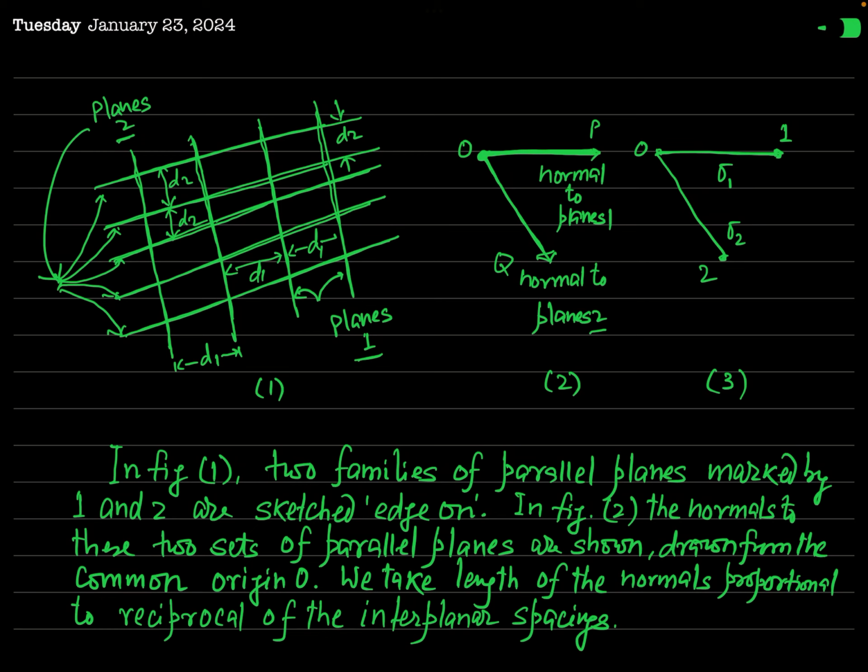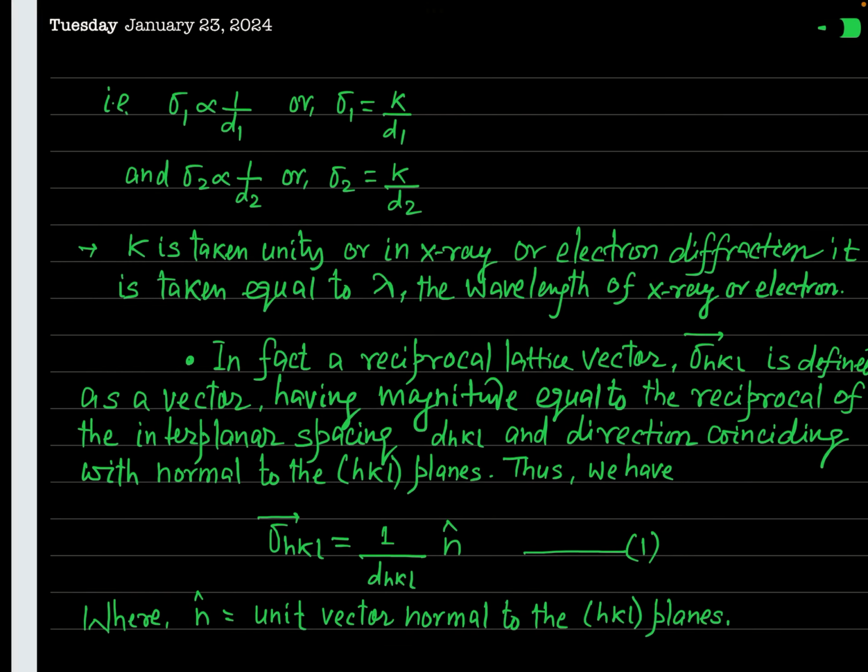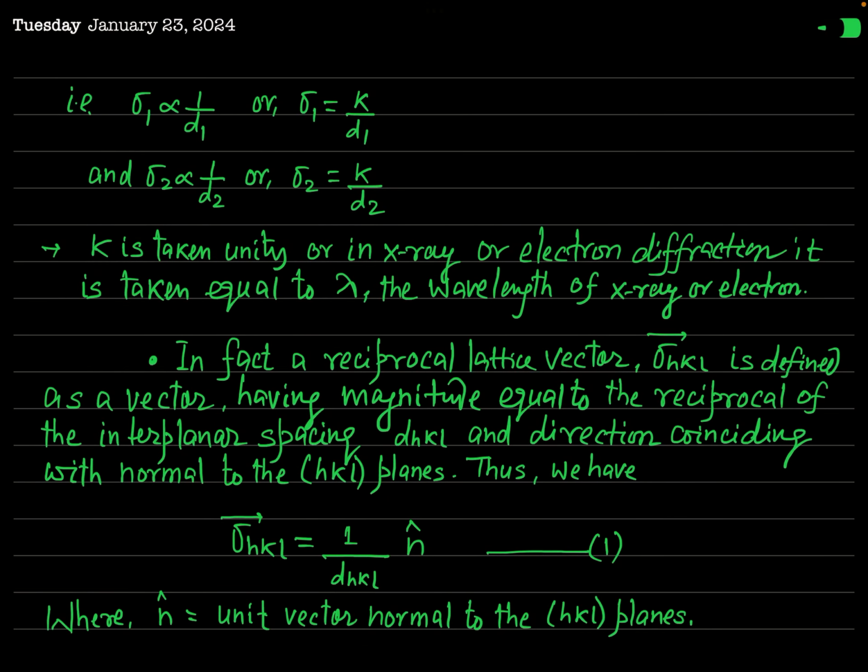So, the length of this normal OP is taken, let us say, sigma 1, and this sigma 1 will be inversely proportional to d1. So you can say that sigma 1 is equal to k over d1.